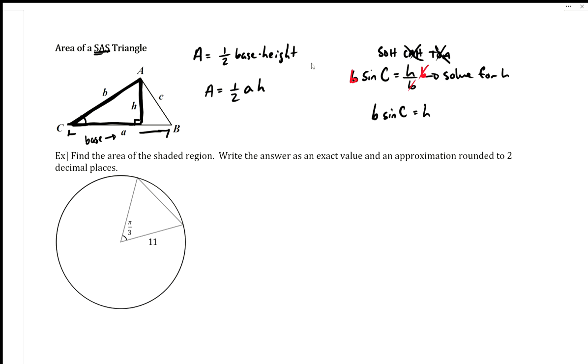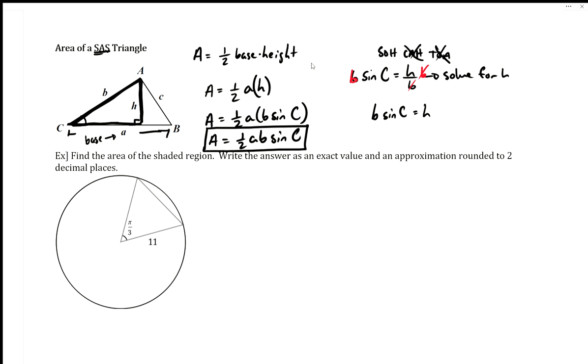Now that we have h by itself, let's use it to substitute into our original area formula. So 1/2 a, and then h is b sine of c. And then I don't need those parentheses, I was just using them to show how it got substituted in. But there's our area formula.